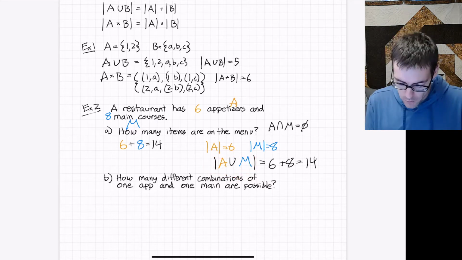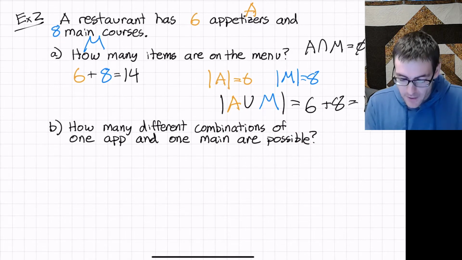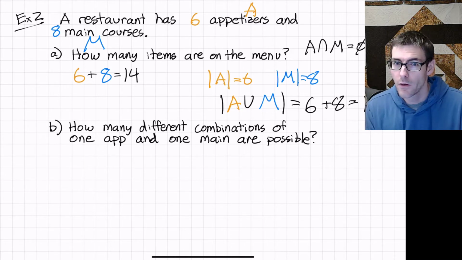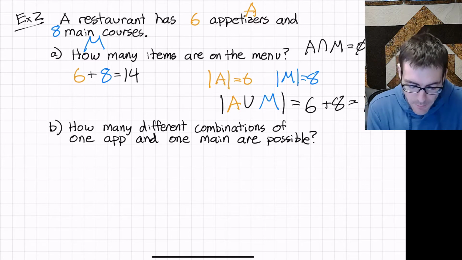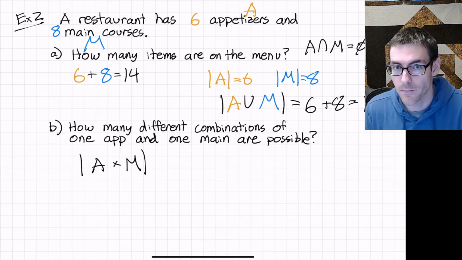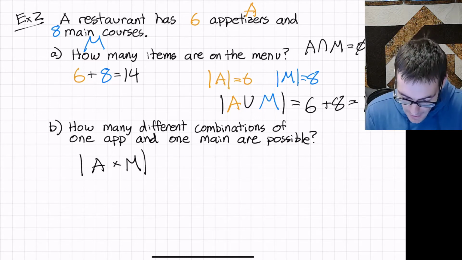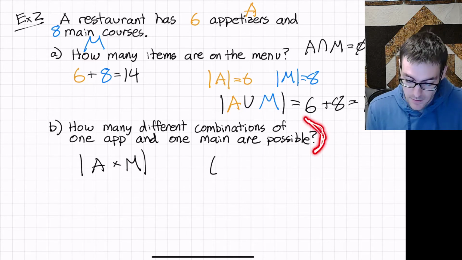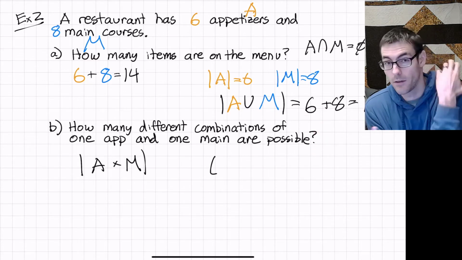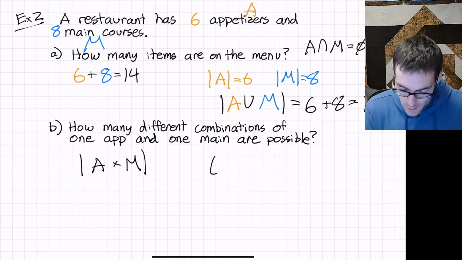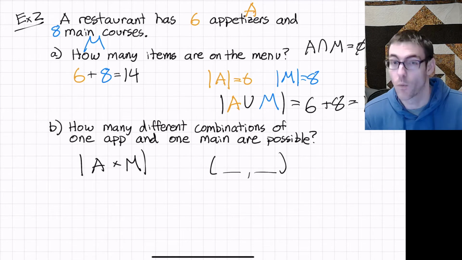For part B, how many different combinations of one appetizer and one main can we possibly have? Well, this is a question about the size of the Cartesian product of these two sets. In other words, elements in this set, possible answers to this, as in combinations of an appetizer and a main, consist of ordered pairs with one appetizer and one main.